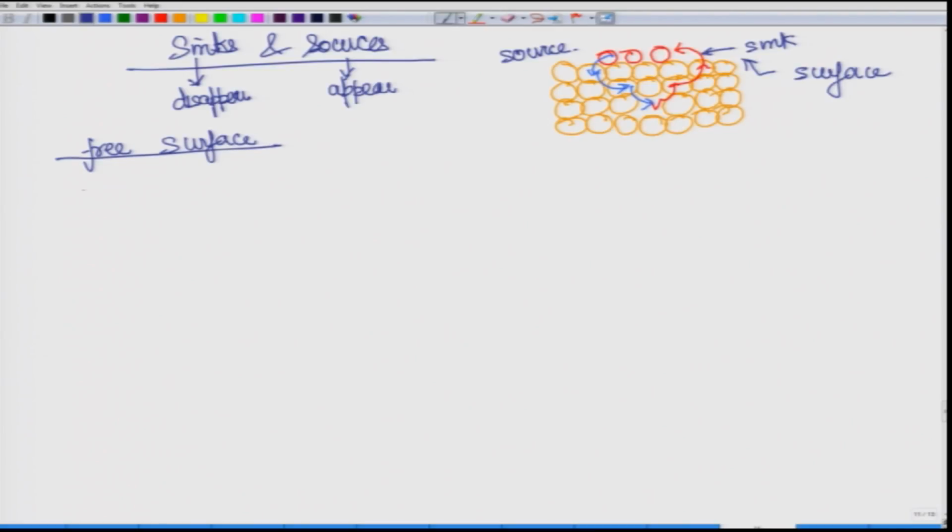Similarly, we have grain and phase boundaries. From your fundamental background in materials, you would know that there are regions with extended crystallinity, and they get interrupted by a region or a plane which is called a grain boundary, and if we have more than one phase, then this will be called a phase boundary.